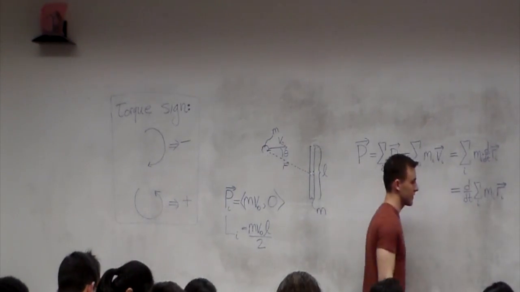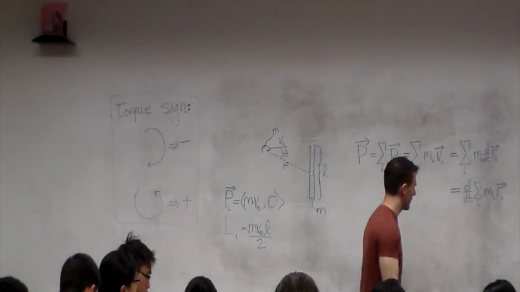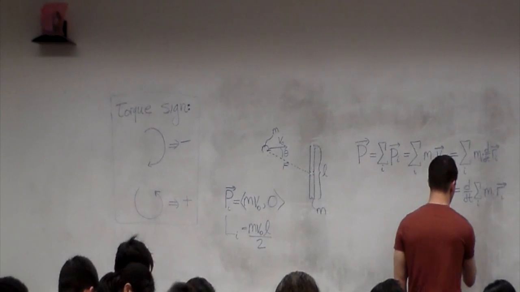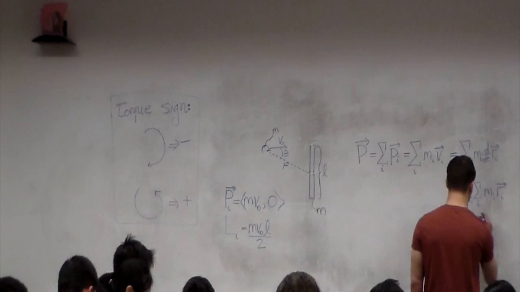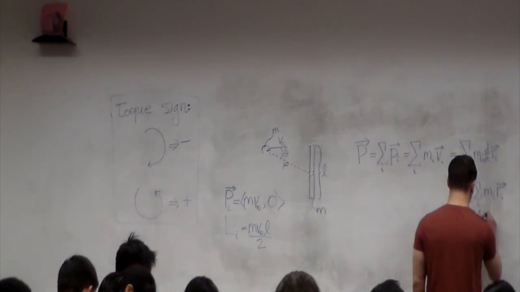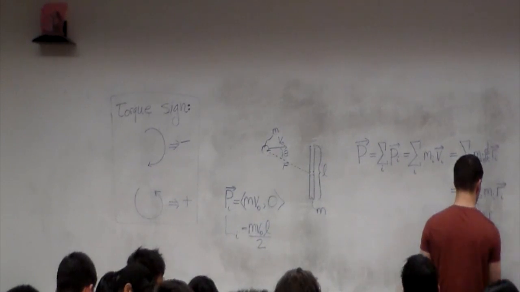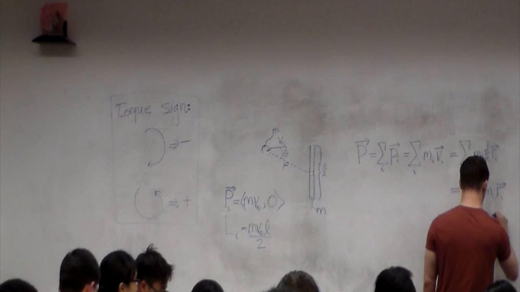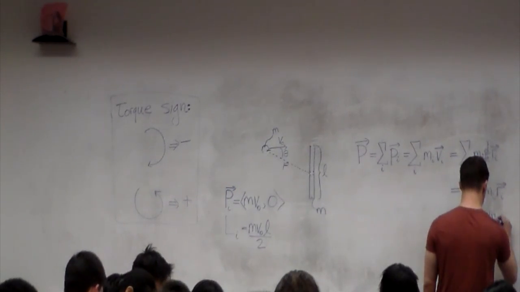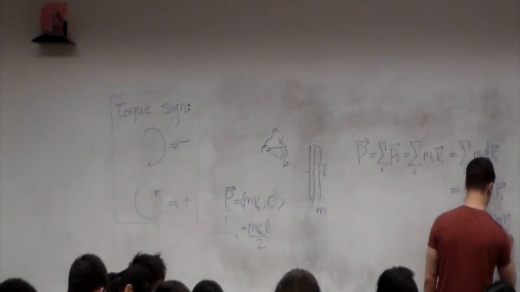Is this beginning to look vaguely familiar? What am I going to pull out? I'm going to say this is equal to capital M, which is the sum of all the masses of all the parts, times d by dt of the sum of m_i r_i.